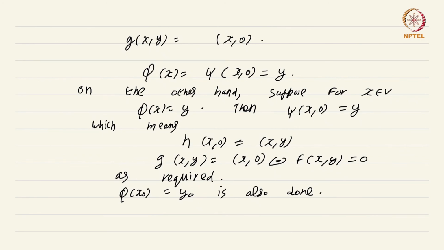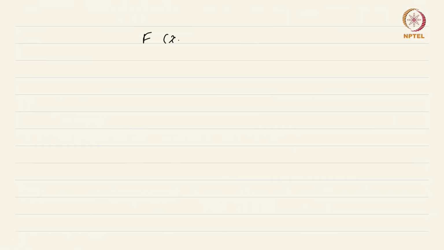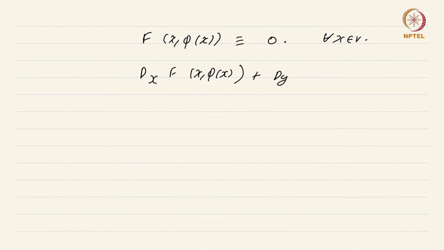Okay. So the only thing that remains to be done is to show the formula for the derivative. From what we have established, we know that f of (x, phi of x) is the identically 0 function, for all x in V. That just means the derivative of this map is identically 0. But what is the derivative of this map? By chain rule, the derivative of this map is nothing but d_x f of (x, phi of x) plus d_y f of (x, phi of x) d phi of x.